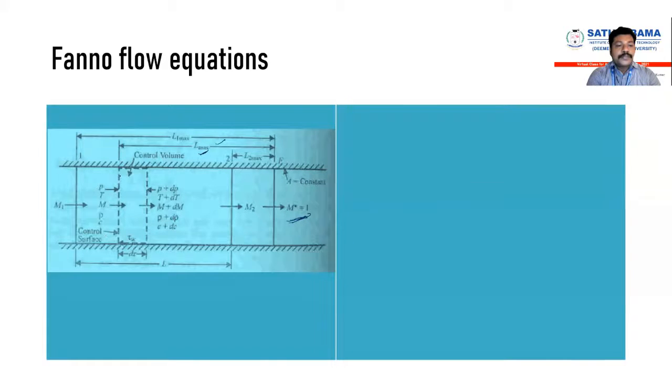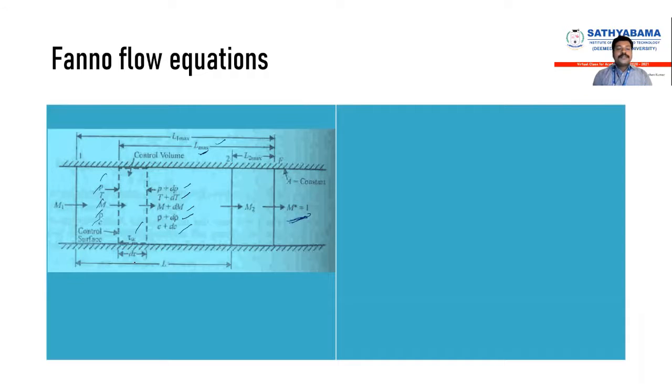In this control volume, the pressure, temperature, Mach number, rho, C are the inflow parameters, and P plus dP, T plus dT, M plus dM, rho plus d rho, C plus dC are the outflow parameters. In this control volume, shear stress at the wall is the major component. This is a one-dimensional control volume, and I am considering the one-dimensional control surface area of dx, the unit area dx.